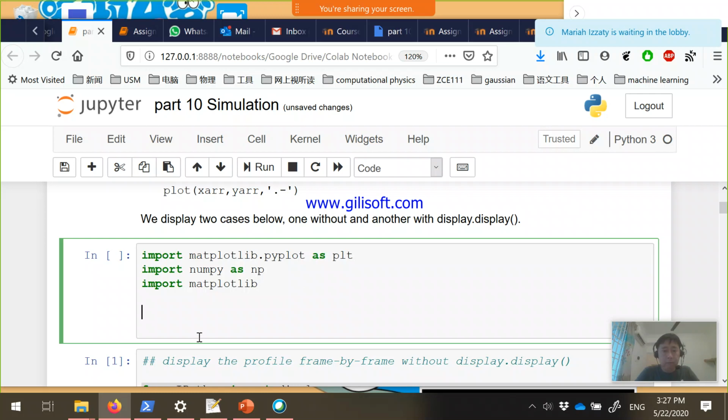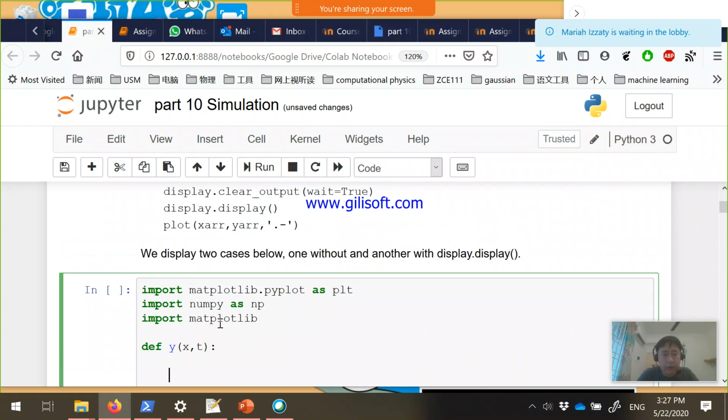First of all, you need to have a function. Say y is a wave function. So y is a function of x, and it is also a function of t. There are many different ways to do it.